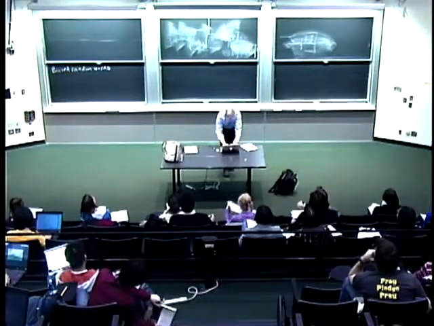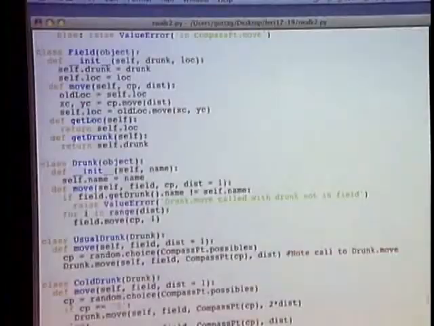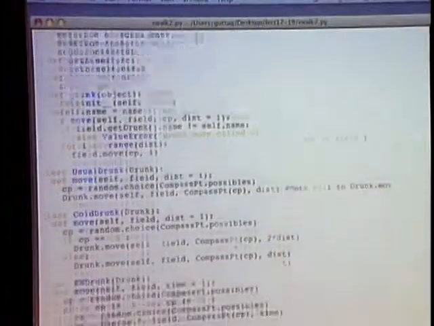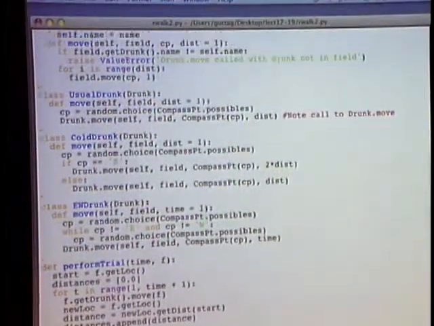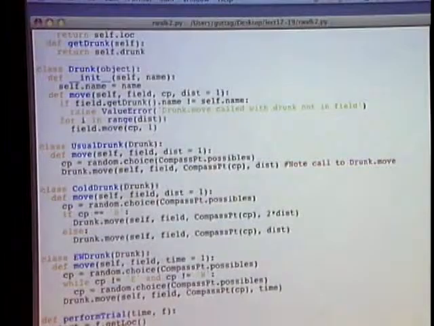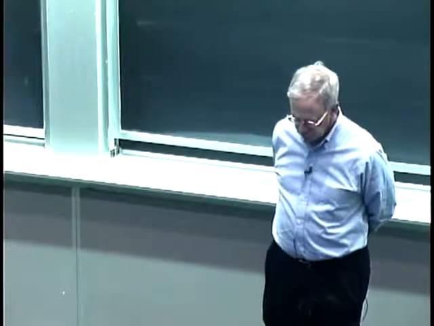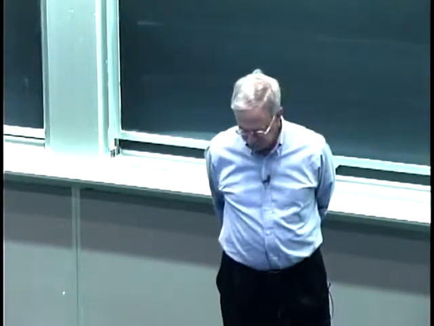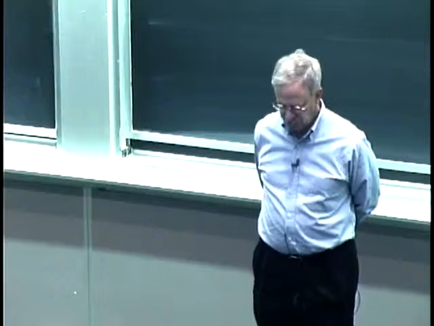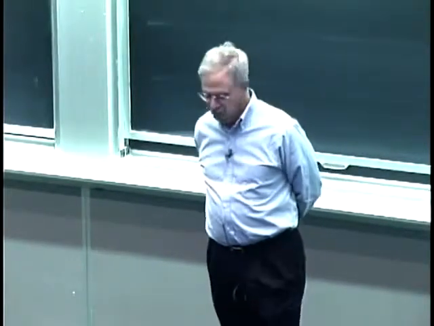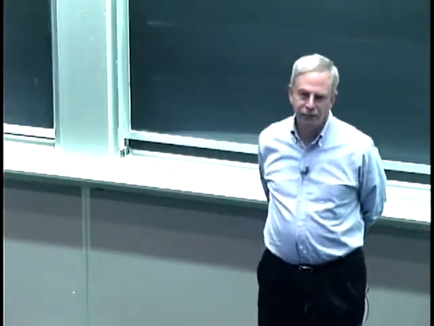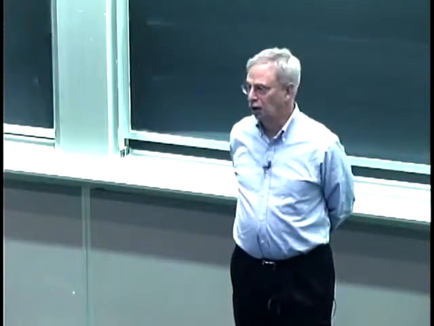So now, drunk itself is a very small class, one I don't actually intend to ever instantiate. I've pared it down. It has only two methods in it. It has an init, which is the same as before, and a move, which is the same as before, or almost the same. Now I'm going to have the class usual drunk.